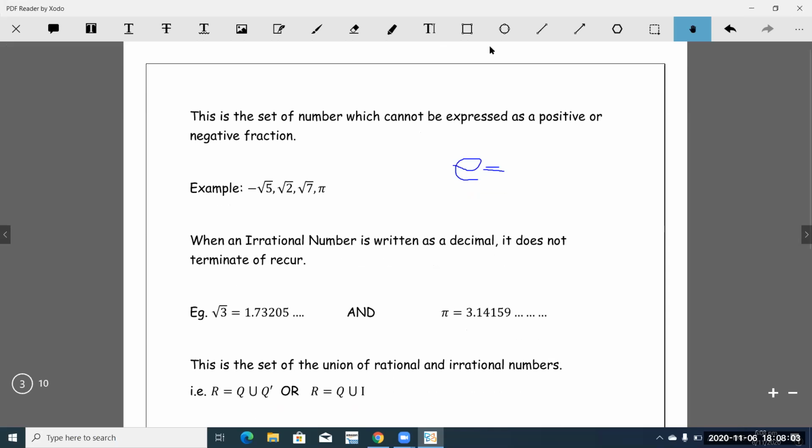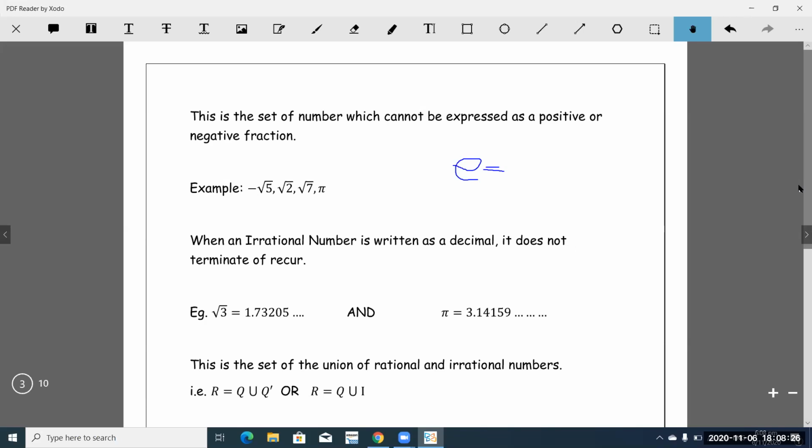All right, we have e now, and we said that e is 2 point something something. So e is also an irrational number. Now the set that contains all rational and irrational numbers is known as the set of real numbers.